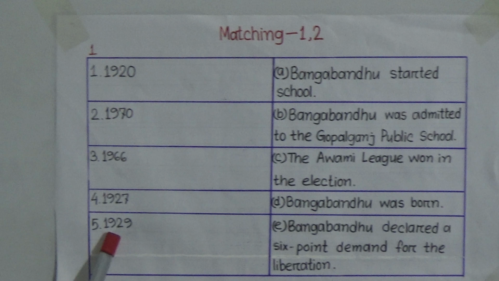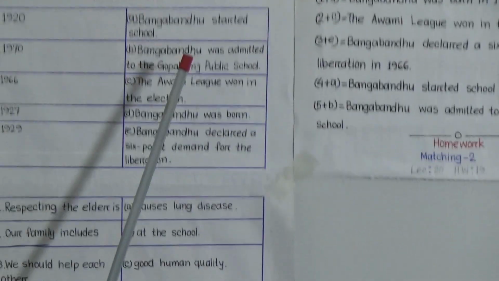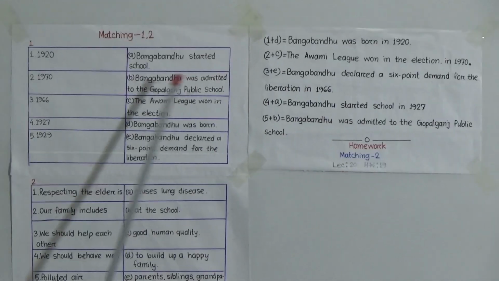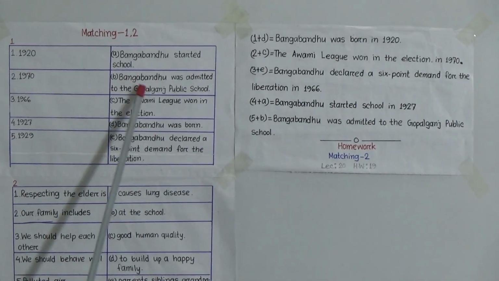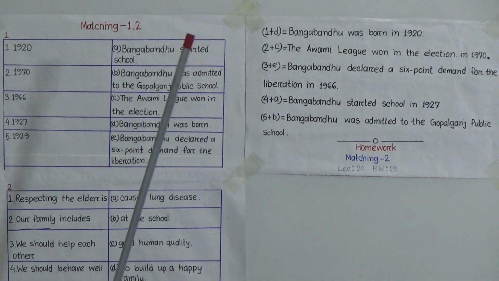And the last one, we find the year 1929. Can you guess what happened in 1929 with Bangabandhu? Yes, here we find only one part left, and this one is number B. Bangabandhu was admitted to the Gopalganj public school.